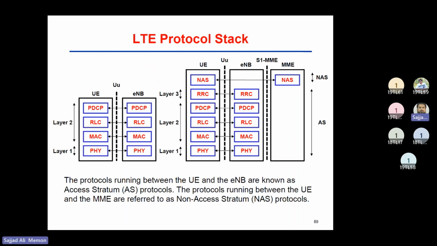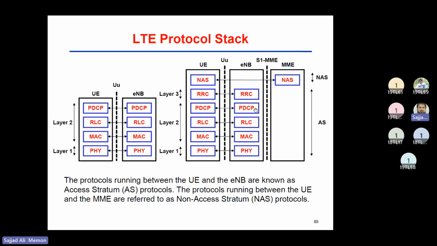This is the LTE protocol stack that you can see from user equipment to E node B. On the physical layer, we have the physical layer, MAC layer, RLC, and PDCP. These are the protocols used on layer 2, whereas from user equipment to E node B and to MME, we have a different set of protocols.